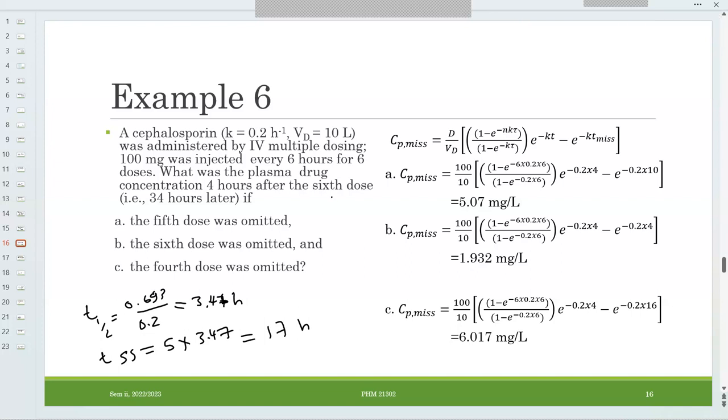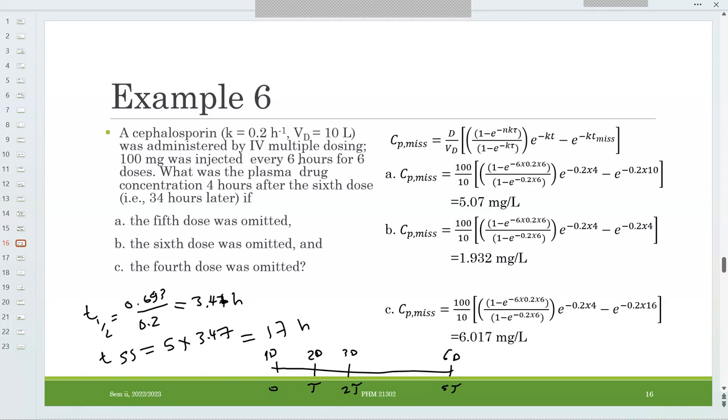Here he's asking about the sixth dose. When we say sixth dose, how many dosage intervals have passed? Not 6 dosage intervals, only 5, because you have time 0, 1 dose. At 1 dosage interval, 1 tau, 2 doses. At 2 taus, 2 dosage intervals, 3 doses, and so on. So if you have 6 doses, 5 taus have passed.